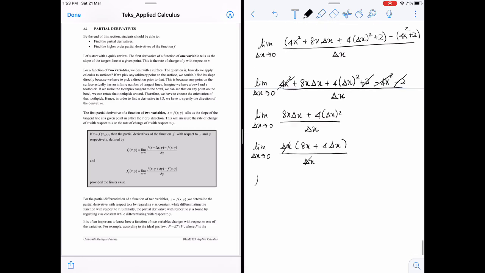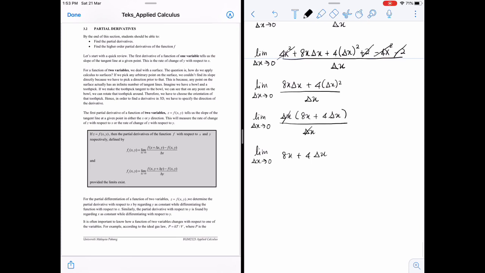We are left with the limit as delta x approaches 0 of 8x plus 4 delta x. When delta x approaches 0, we will have 8x plus 4 times 0 equal to 8x. So this is the first derivative of a function f with one variable x.